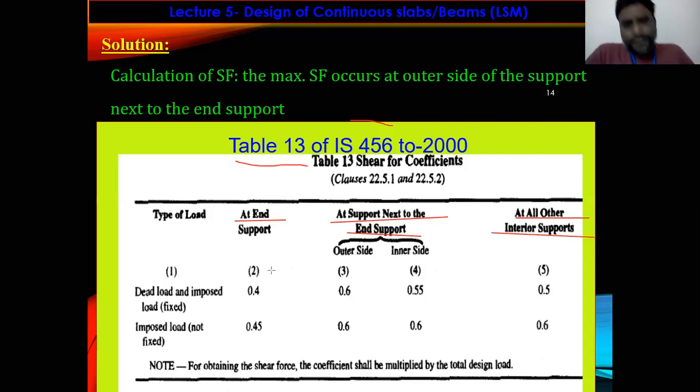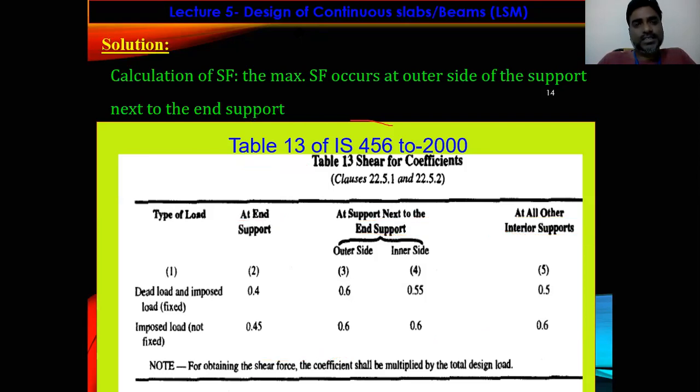So here also, for determining the maximum shear force, you have to calculate the shear force for all these cases, and where you get the maximum, that will become your maximum shear force. That is one method.